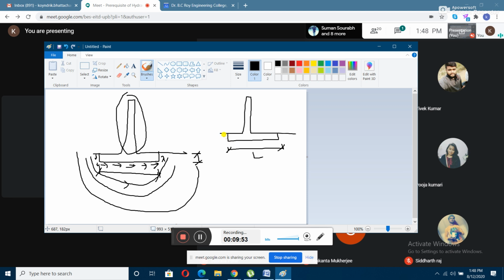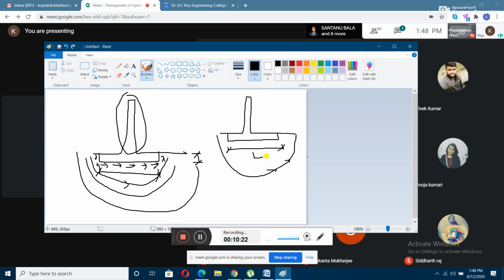He noted that there will be flow of water along this track only, and there won't be any percolation of water happening like this. The distance traveled by the percolating water is the length of this flow, and that is known as your creep length.